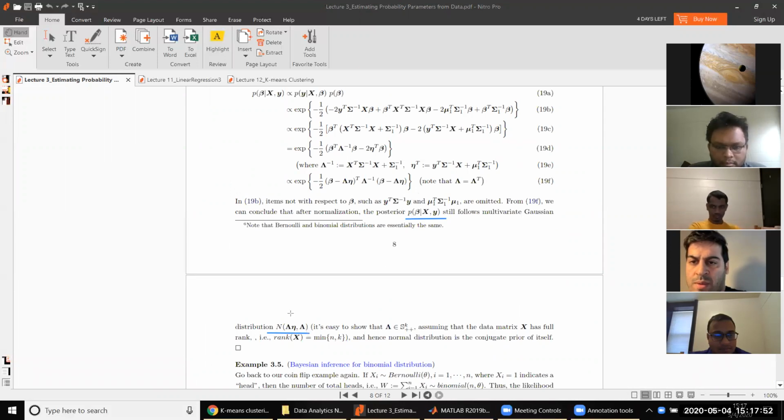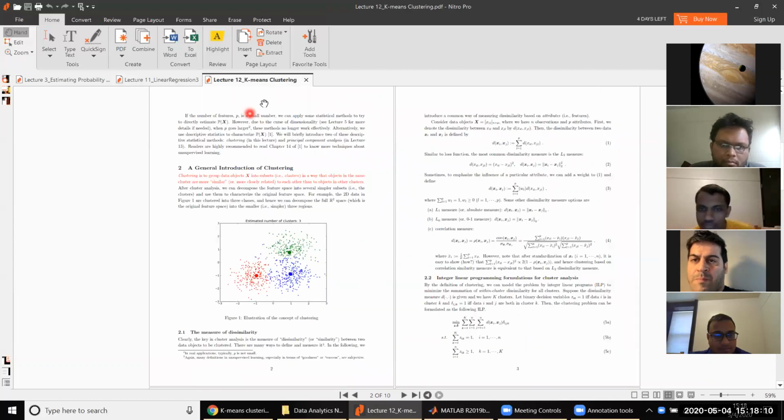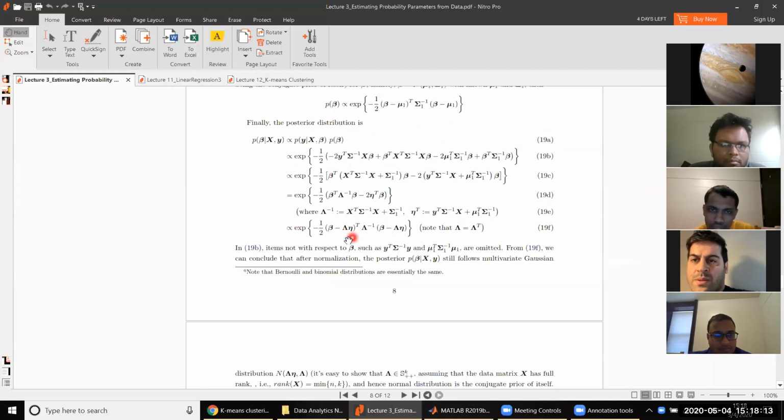And in this case, what is your mean? Your mean is lambda eta, right? What is lambda eta? Lambda eta is this part. See it? And come here. Have a look at here. This part is this, something inside. What I mean is this. So I want to minimize this part.